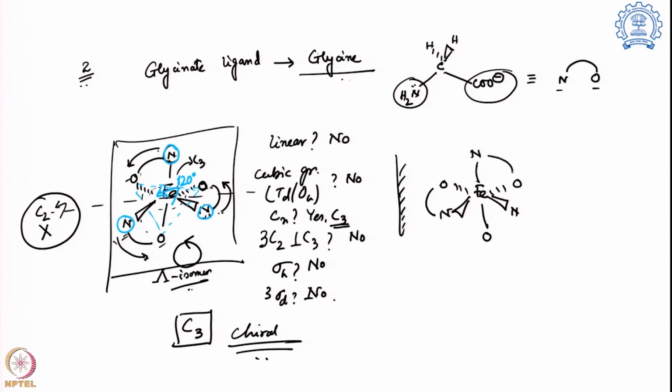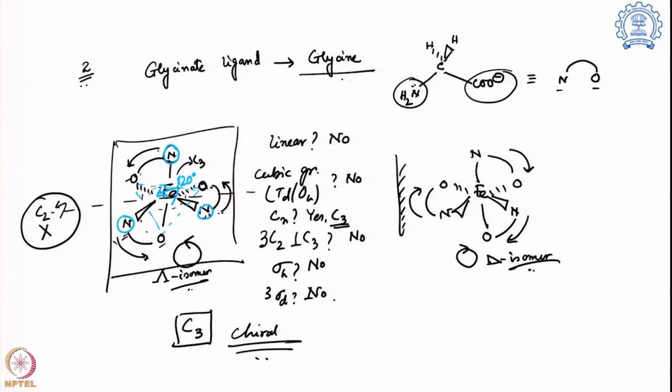And over here these are the connections, and from here we can say nitrogen to oxygen, nitrogen to oxygen, nitrogen to oxygen. So, it is rotating the other way. So, it is actually the delta isomer.